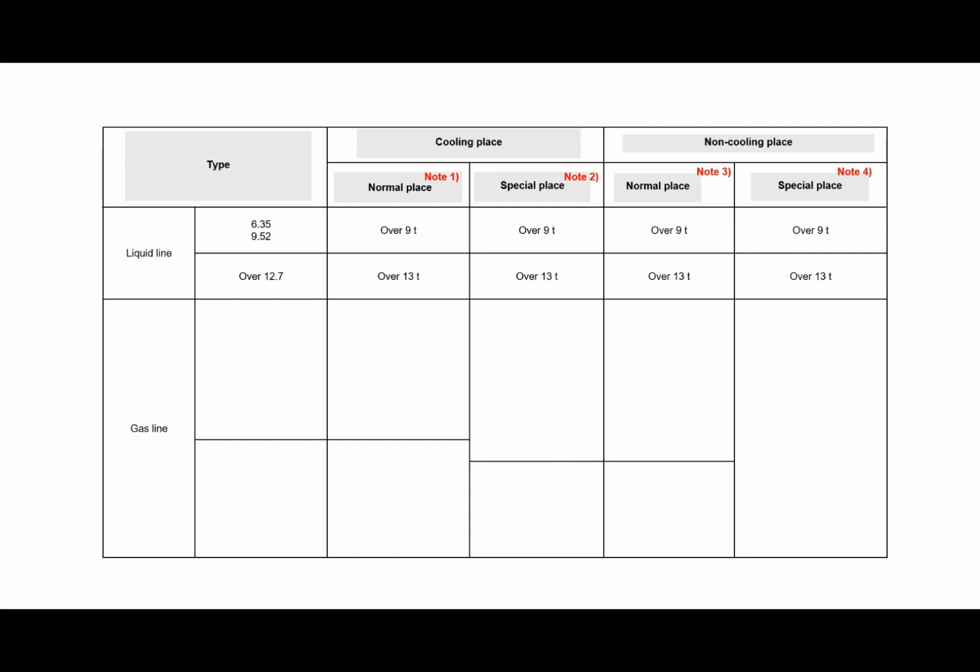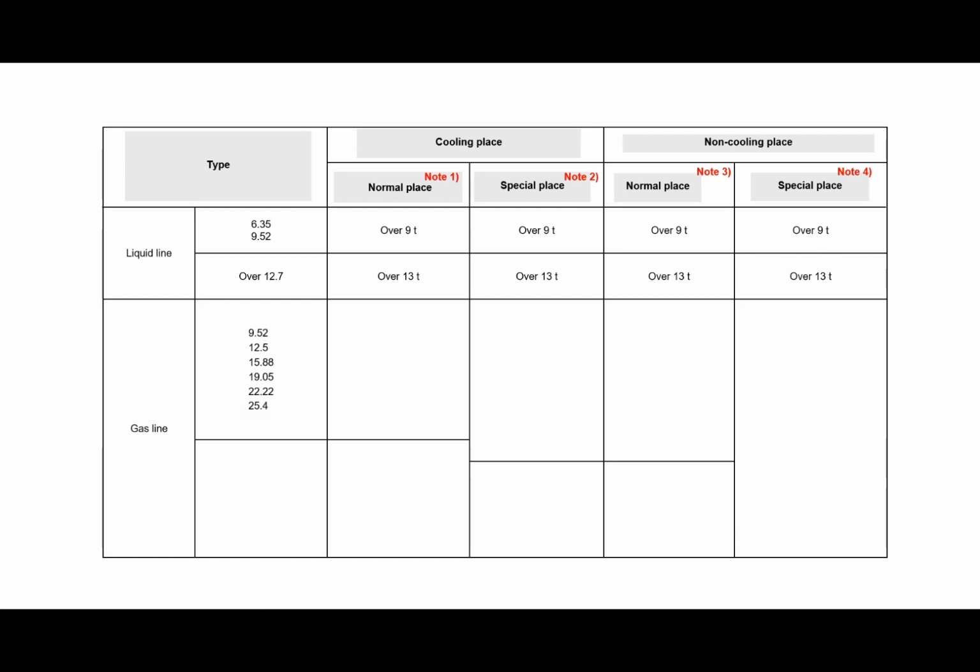So the pipe size 6.35 and 9.52, the recommended thickness is 9 millimeters, and the liquid pipe lines over 12.7, the recommended thickness is over 13 millimeters. Okay, so now we go to see the gas line.